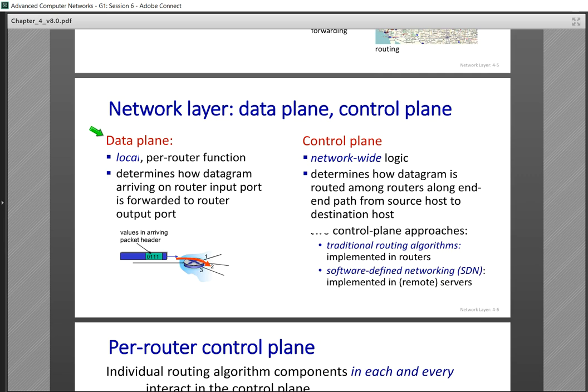Handling an arrived packet. But there is another main and very important plane. We call it control plane. It's a network-wide logic. What does it mean? It means that in control plane, we should know about the whole network, the structure of the whole network, okay?